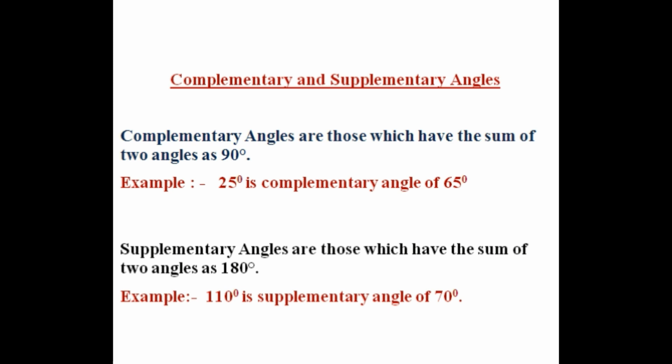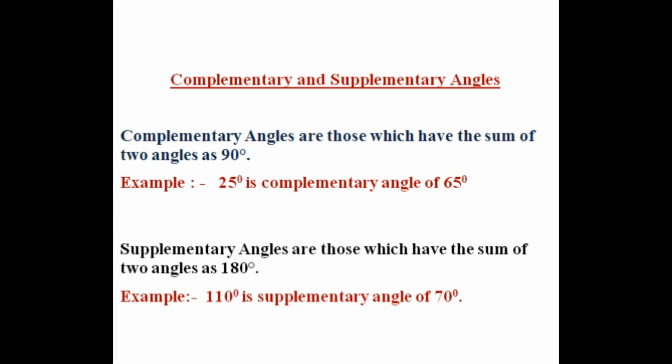Yes. Now supplementary angles are those which have the sum of two angles as 180 degree. That means if you add the two angles, you should get 180 degree. Then the two angles are called supplementary angles. Example, you see 110 degree is the supplementary angle of 70 degree.